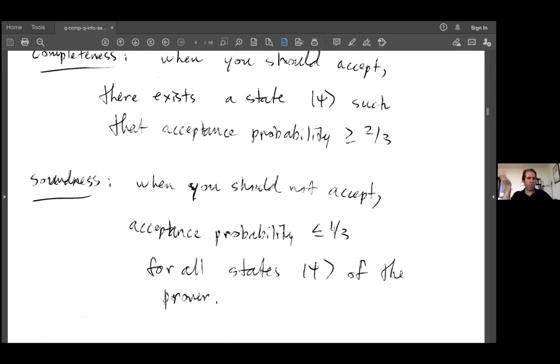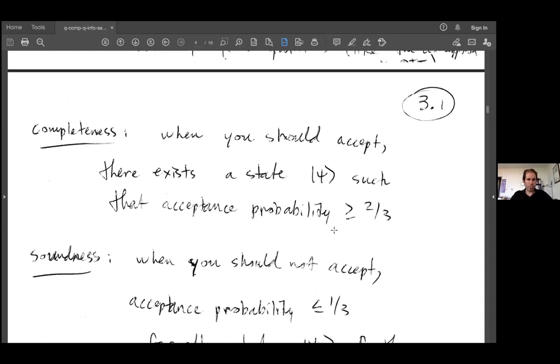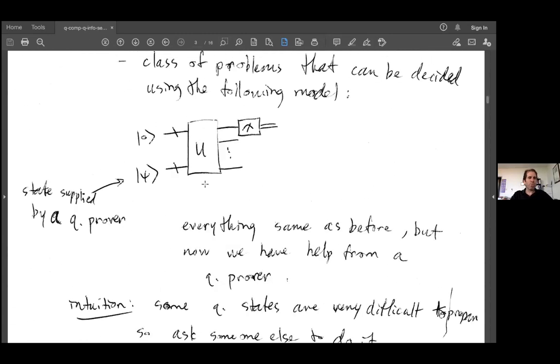So this is an important principle of these quantum complexity classes and the role of the prover. The prover is someone you cannot trust. The prover is always trying to convince you to accept, no matter what. And so as a verifier, you need to figure out some test to decide whether indeed the state supplied is a legitimate state that ultimately should be convincing that you accept.